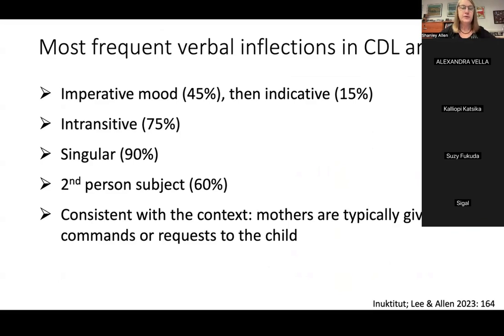Then we found that most of the inflections were intransitive, for utterances with just a subject, not a subject and object, so 75%. Then 90% of them were for singular subjects, so not dual or plural, and 60% were for second person subjects.